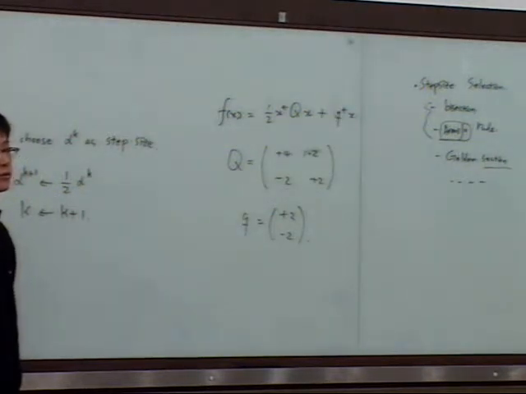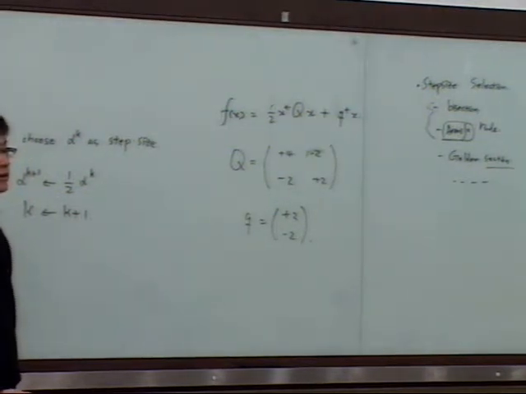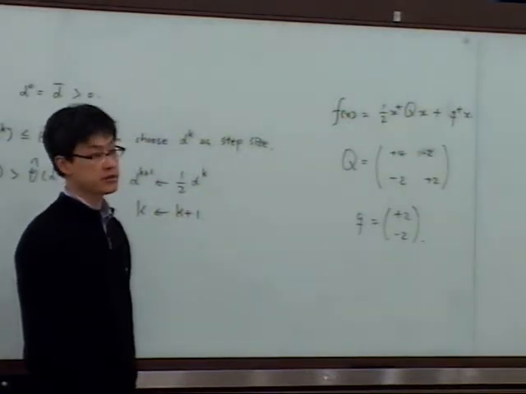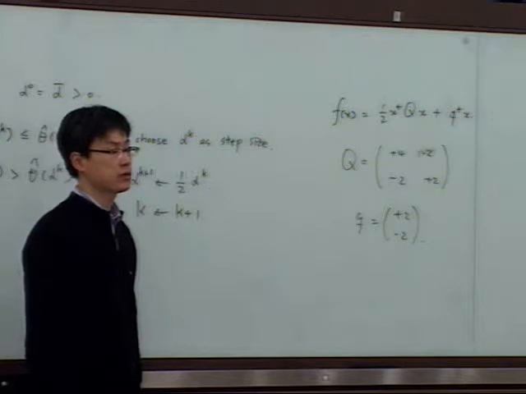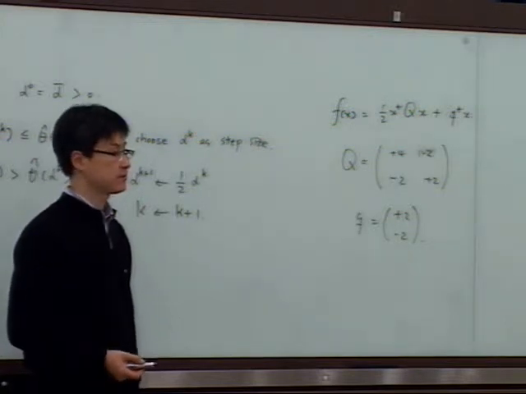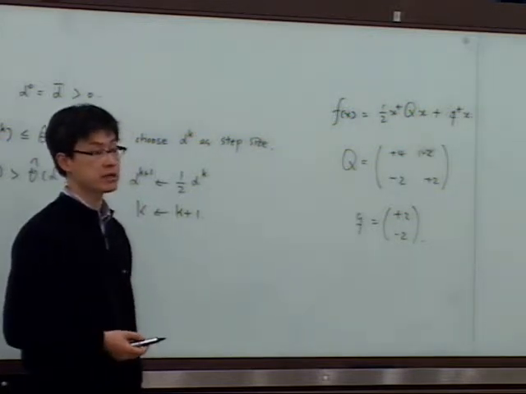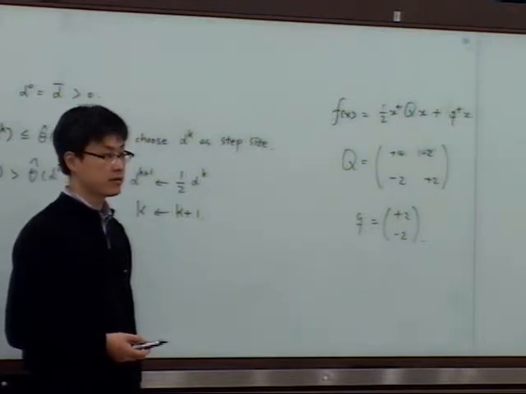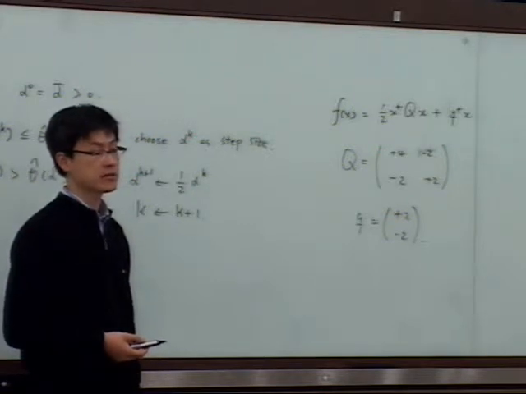Then you are supposed to run this steepest descent algorithm with bisection or Armijo rule by hand. Because the function is really easy, this is not that computationally expensive.